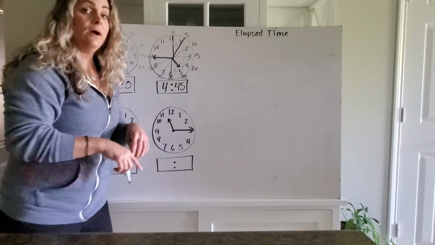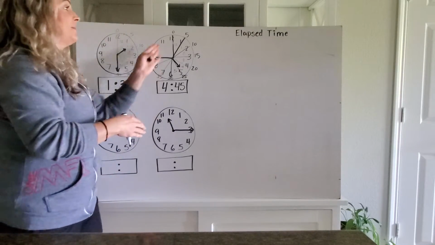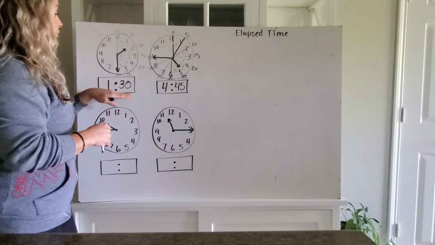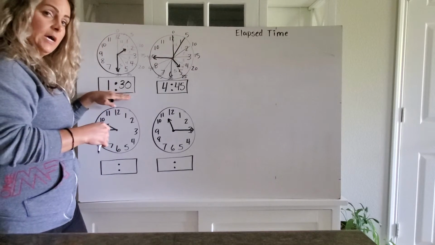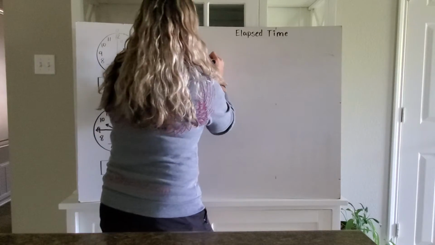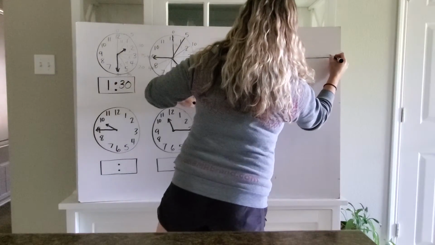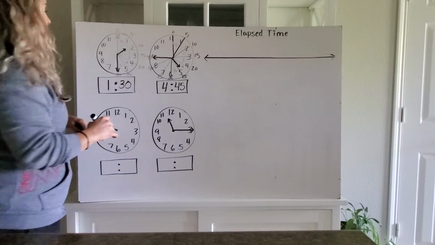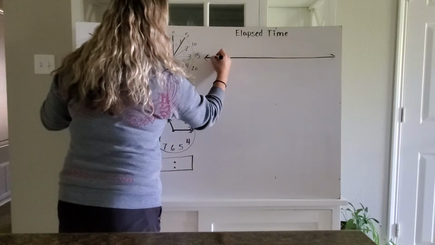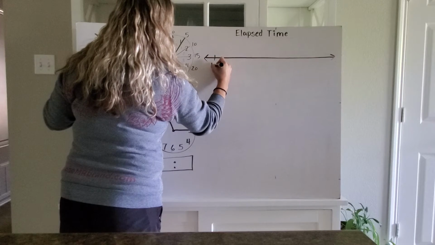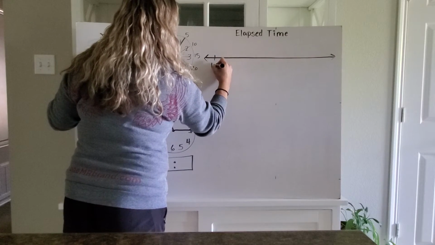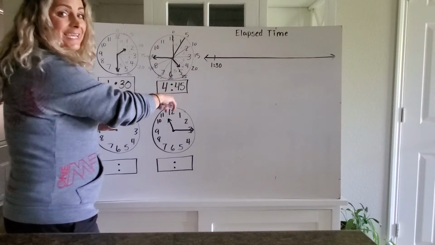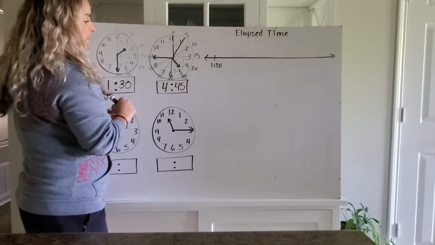Now, to figure out the time that's gone by, which is your elapsed time, what you're going to do is start at this time, 1:30, and we're going to put that on a number line. So we're going to start here at 1:30, and we need to end when we get to 4:45.